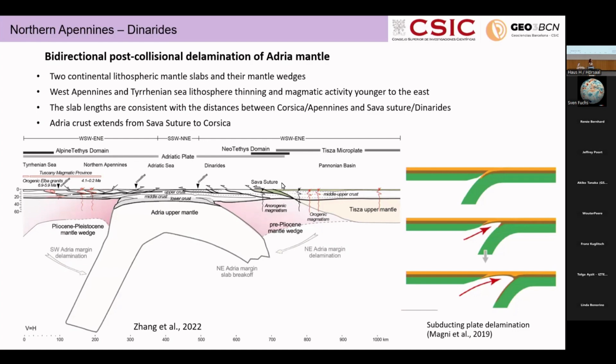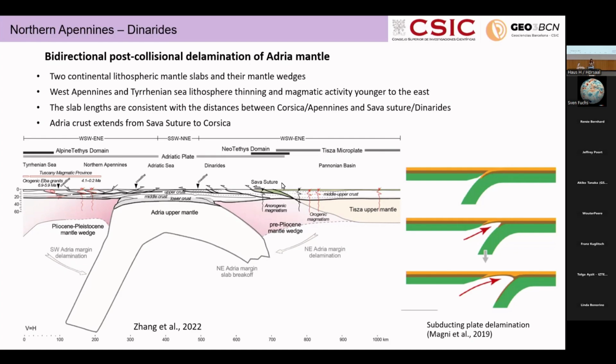Then the crust remains on top. The Adria crust goes from the Sava Suture to Corsica. It's the same crust, with the same characteristics, and the lithospheric mantle is delaminated on both sides.